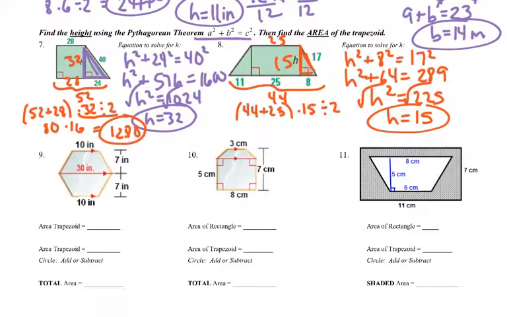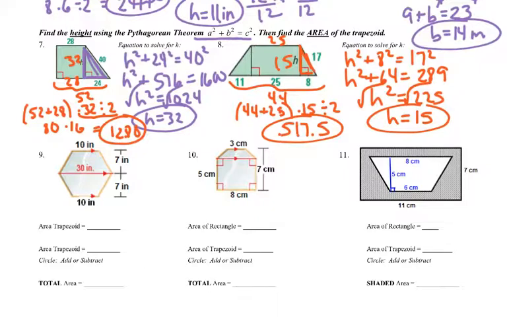I'm just typing that in my calculator now. Let me see. 44 plus 25 times 15, and then divided by 2. I got 517.5. So those numbers were a little bit crazy, but that's how you do it. Pythagorean theorem to find the height, and then just same old base plus base times height divided by 2.